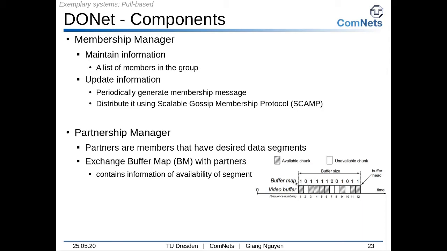By receiving the sequence of 1s and 0s, the peer can figure out which packet is available and which packet is not.